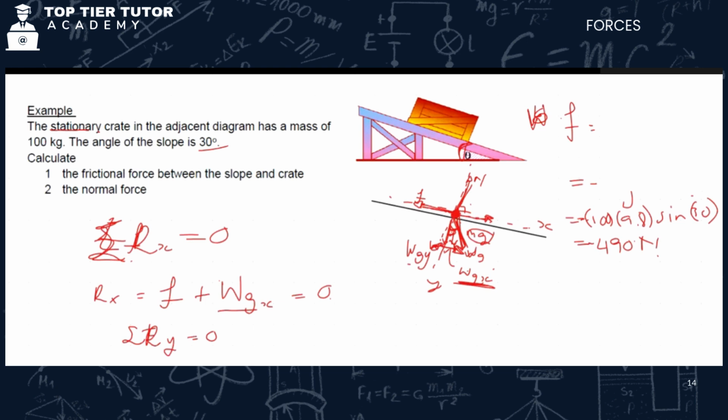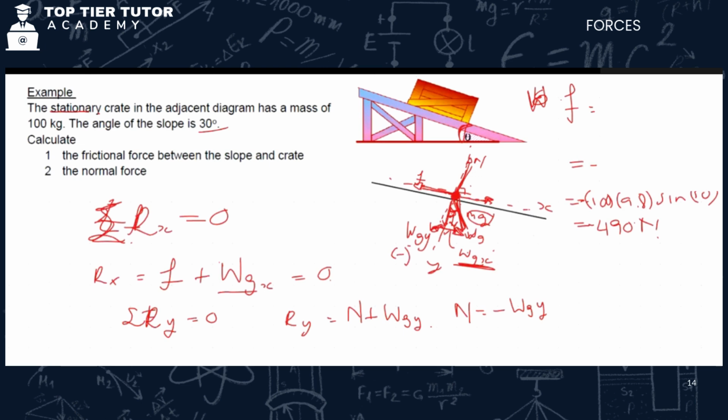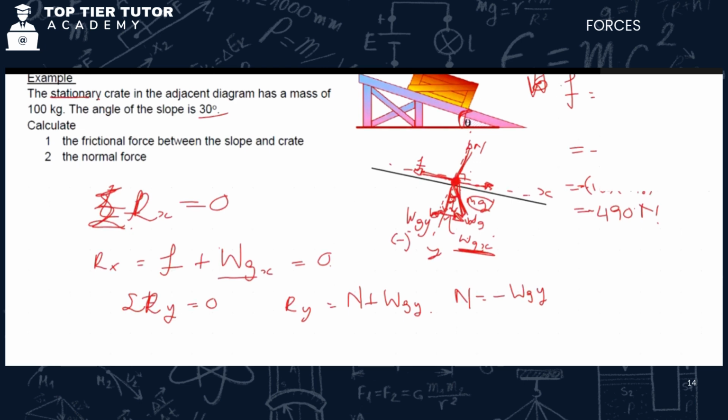The sum of this would be the normal plus our weight in the y direction. So therefore, the normal would be equal to negative our weight in the y direction. Now, here we're going to say going down is negative, so it implies that the value of our weight in the y direction was negative to begin with. So we have our negative there.